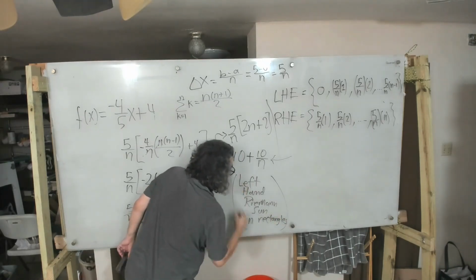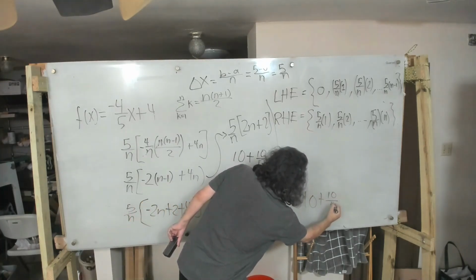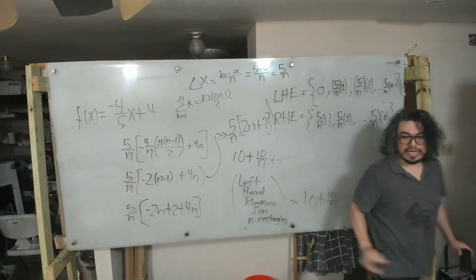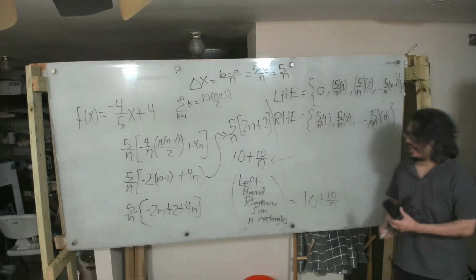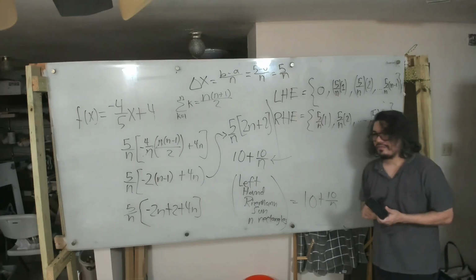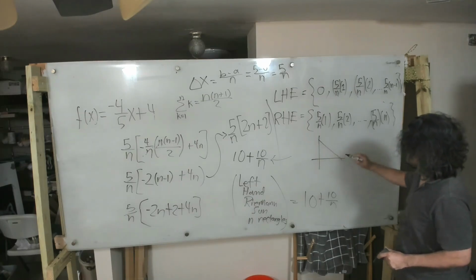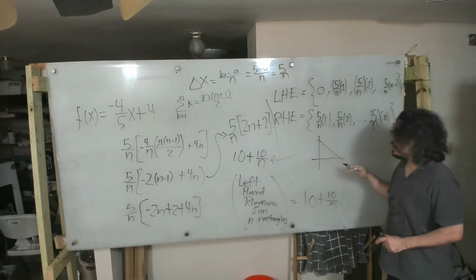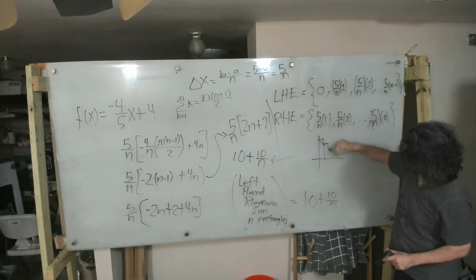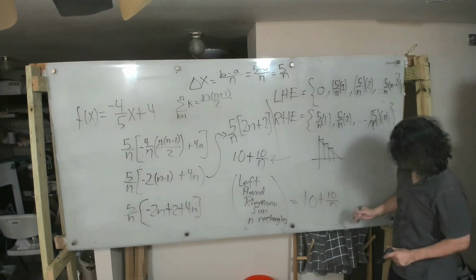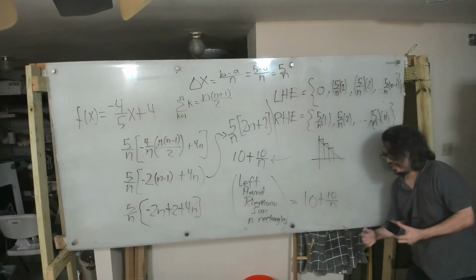We simplified it to that simple expression, 10 plus 10 over n. And I want to observe several things here. First of all, remember early on that when we were looking at this situation, we said that this function is decreasing, right? So we knew that the left-hand estimate was going to be an overestimate, right? And you can see here we have 10 plus some positive number.